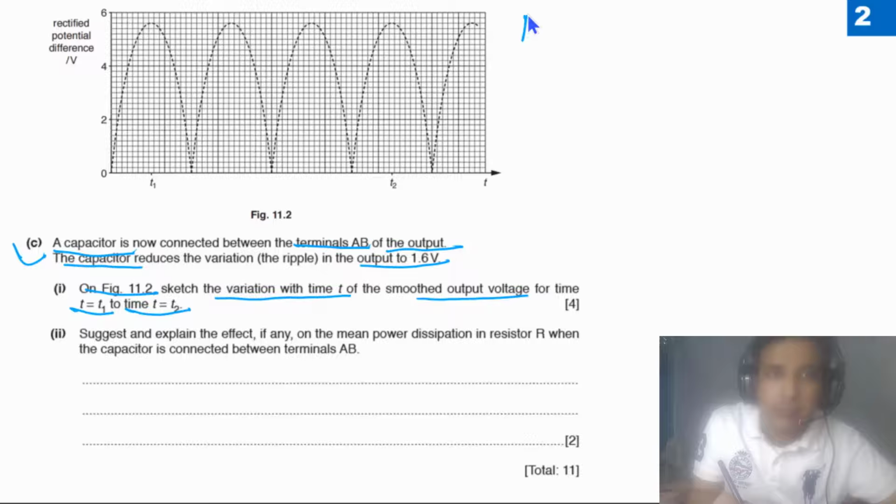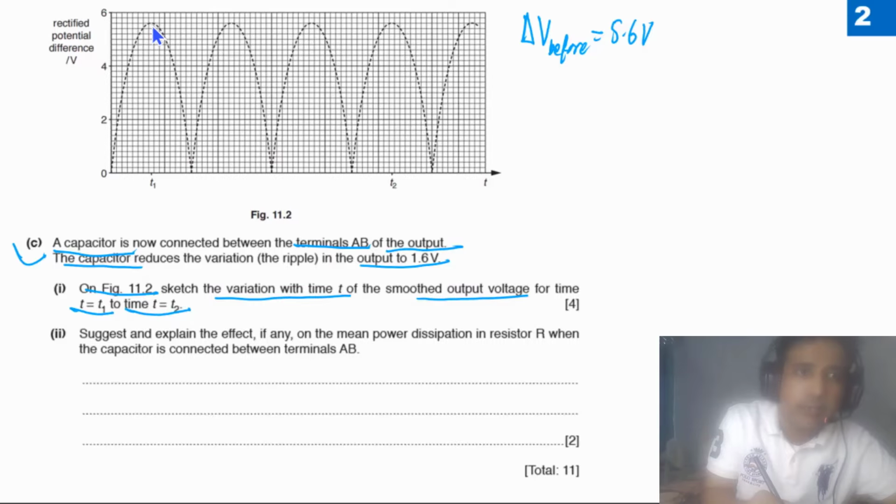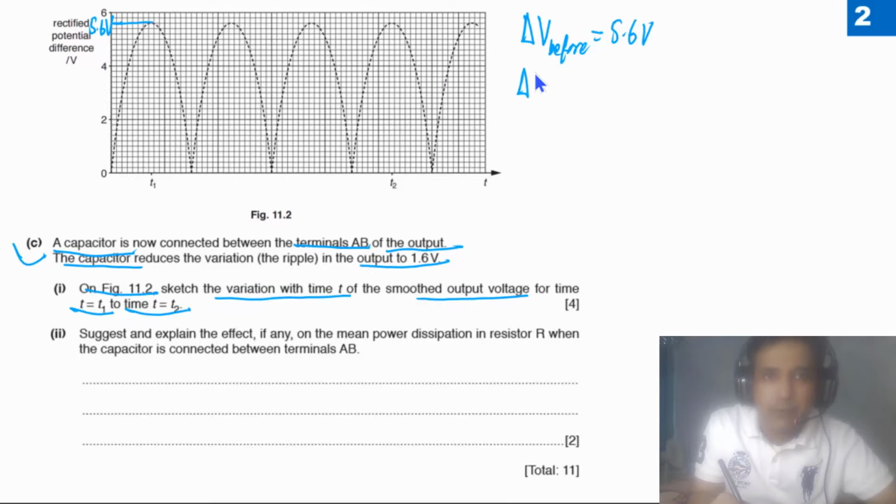First of all, before connecting capacitor, the variation in PD across a resistor is equal to 5.6 volts. Actually, if we draw the line here, we can see this is equal to 5.6 volts.